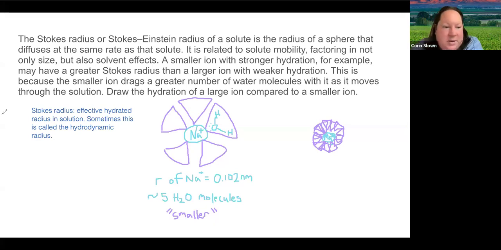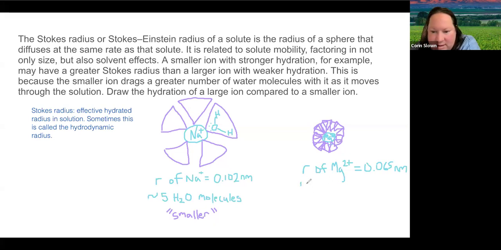All right, so this one has an R, this is Mg2+, of 0.065 nanometers.